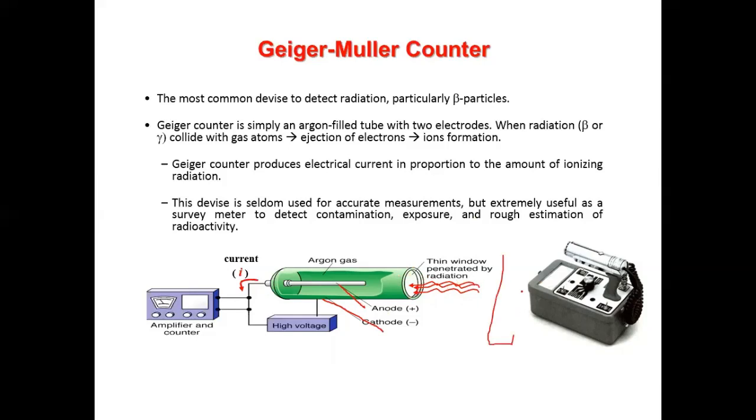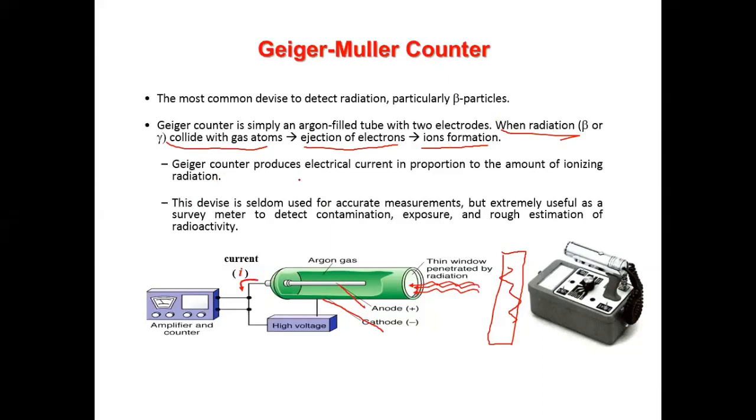For example, on your X-ray sheet or on your nitrocellulose membrane, if there is some radioactivity, the radiation penetrates through this window. And what happens here is that when radiation collides with gas atoms, the radiation being alpha, beta, gamma (alpha will not penetrate), beta and gamma, when they penetrate, collide with the argon gas, and it ejects some electrons and ions are formed.